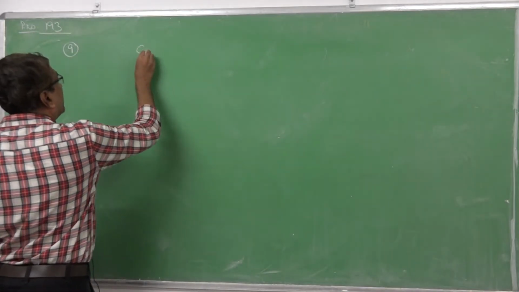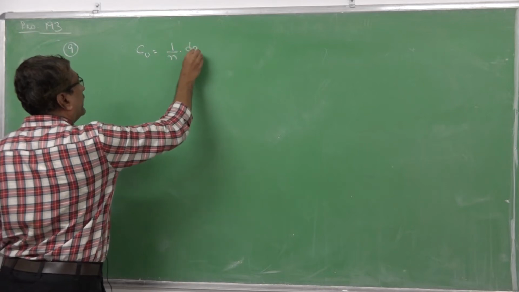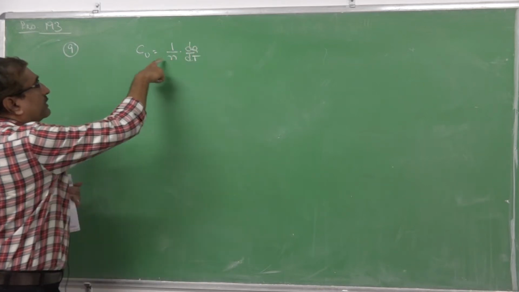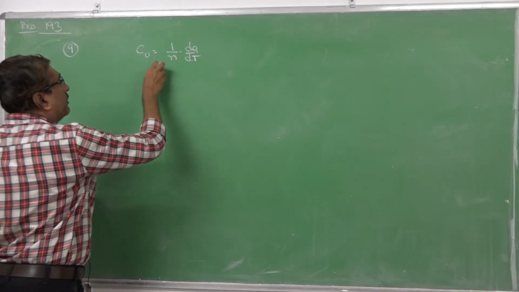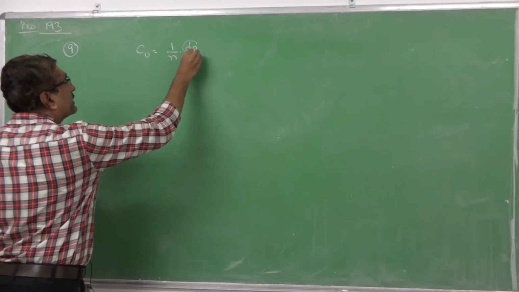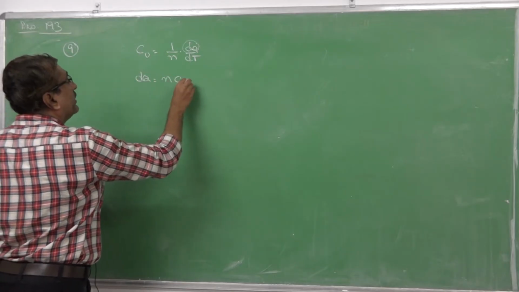Actually Cv is equal to 1 by n into dQ by dT. This we know, because it is the amount of heat required for 1 degree rise for 1 mole. So here given dQ as H. So dQ is equal to n Cv dT.